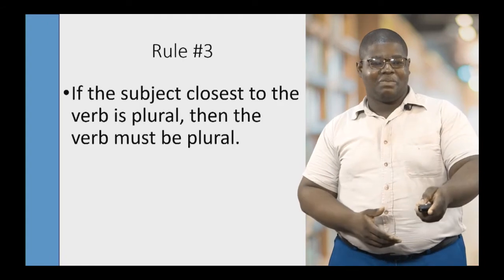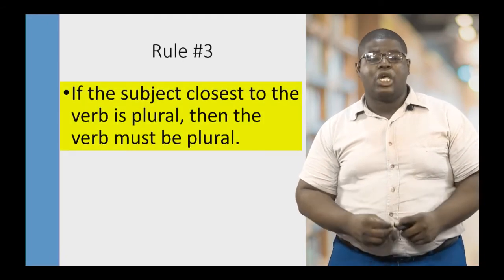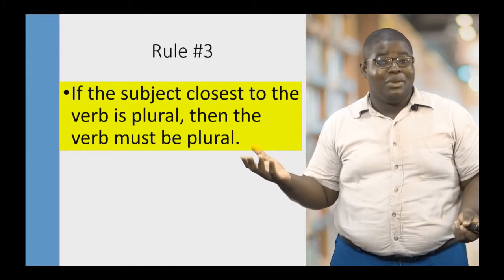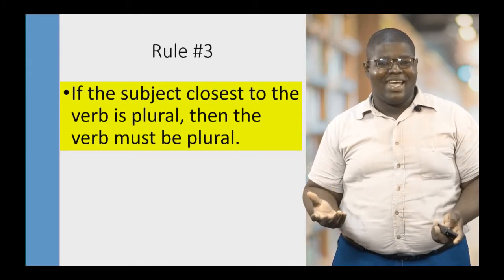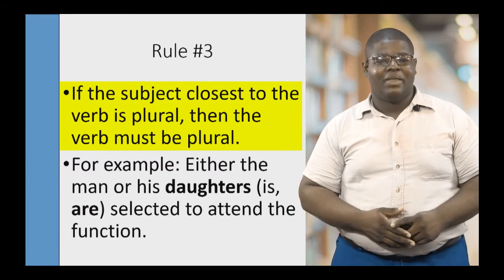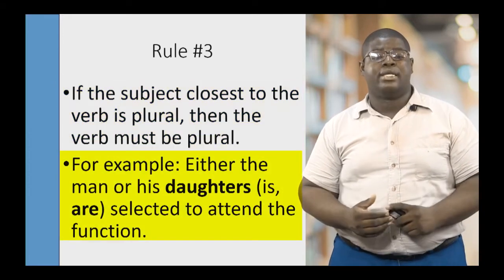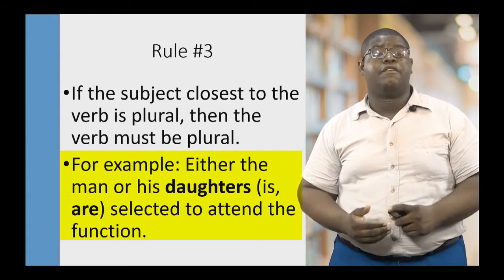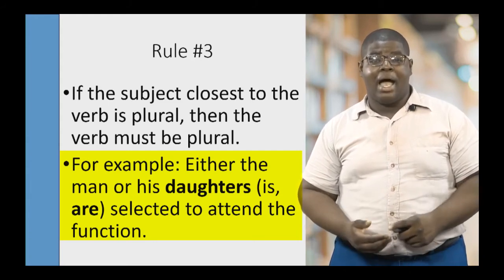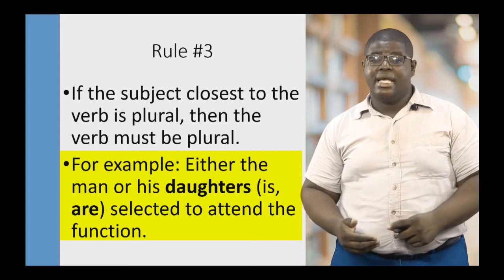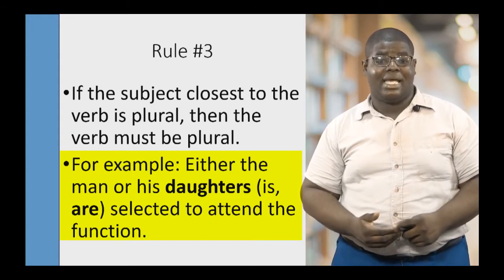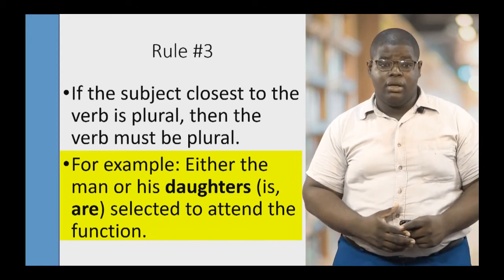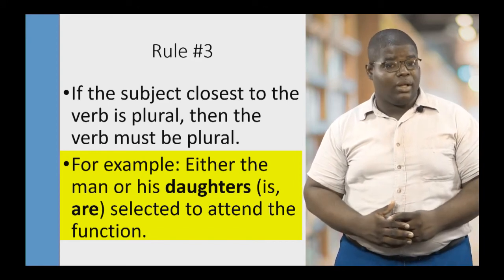Let's continue. Now, if the subject closest to the verb is plural, then the verb must be plural. It only makes sense, right? Let's look at the example. Either the man or his daughters is or are selected to attend the function. We have the man being singular, daughters being plural.